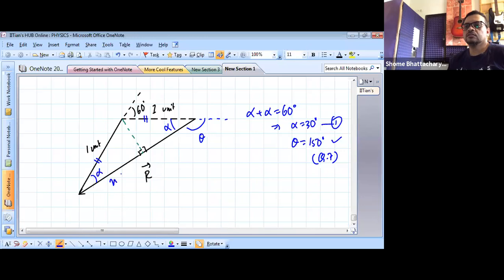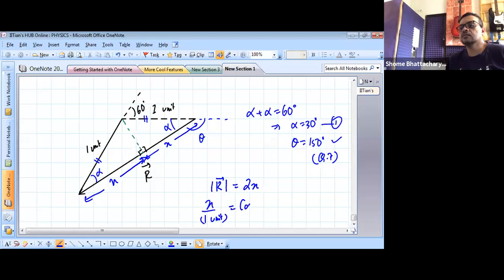So we take this as x, then this should also be x. We can see magnitude of r is equal to 2x. And here we can see x upon hypotenuse. So x upon 1 unit is equal to cos of the angle.